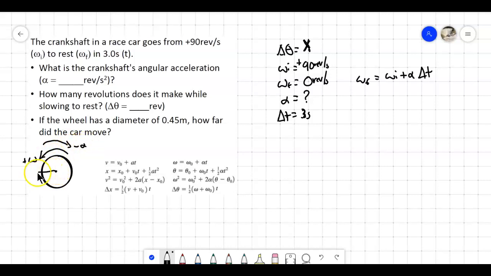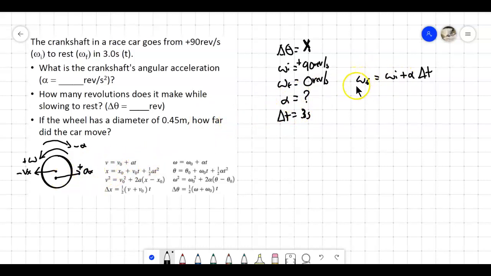That means this wheel should be moving to the left with a negative velocity in the x direction, but it should have a positive linear acceleration. So that'll come into play in this very last part, I think. The linear velocity and linear acceleration.